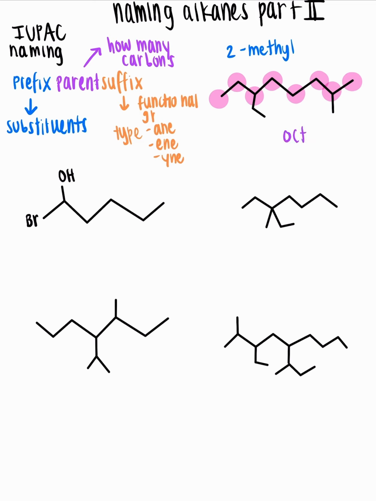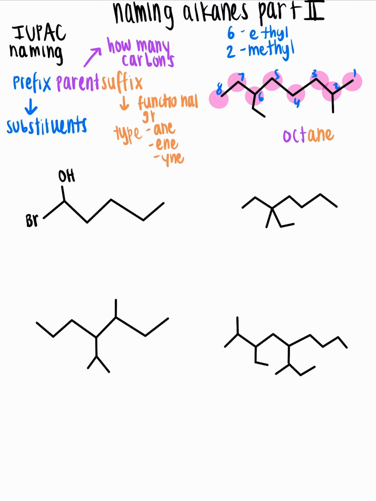And this is an alkane, so it's octane. But I'm not finished. What about this group over here? If you count 1, 2, 3, 4, 5, 6, 7, 8, this group is going to be 6-ethyl. That's another group that you have to write, 6-ethyl.